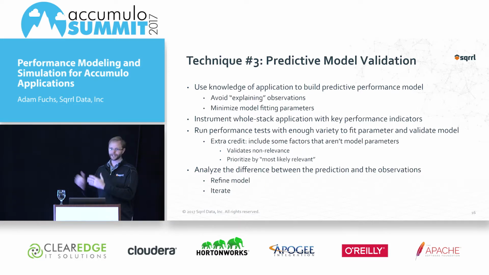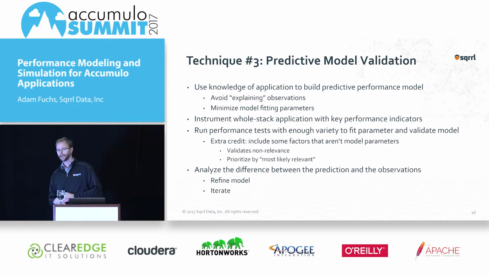There's 1,000 ways I could explain any particular pattern. But if I use a prediction and then validate it, and my prediction's not based strictly on my observations, my validation of that prediction is going to be a lot higher confidence. That also relates to minimizing the number of parameters that we're trying to fit.